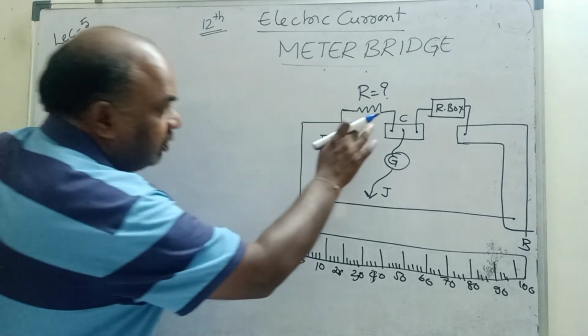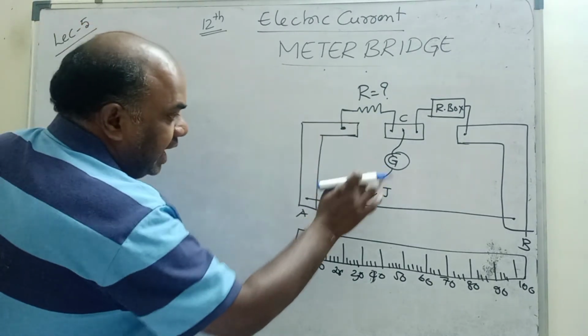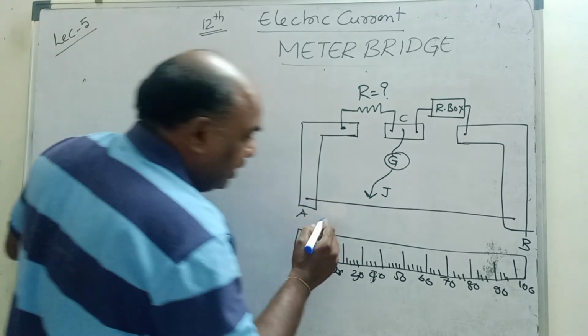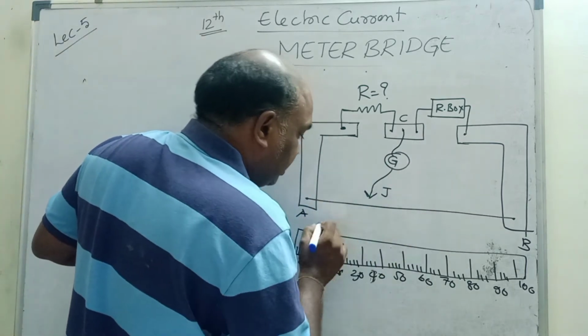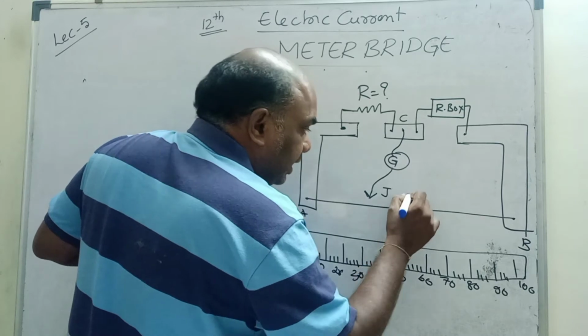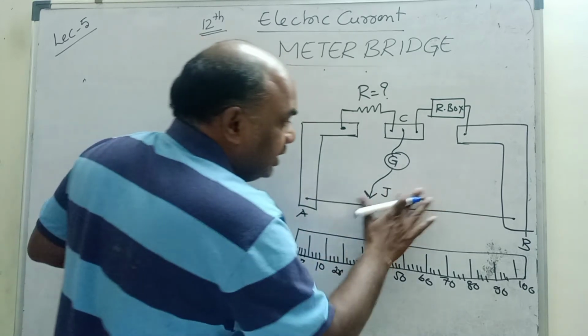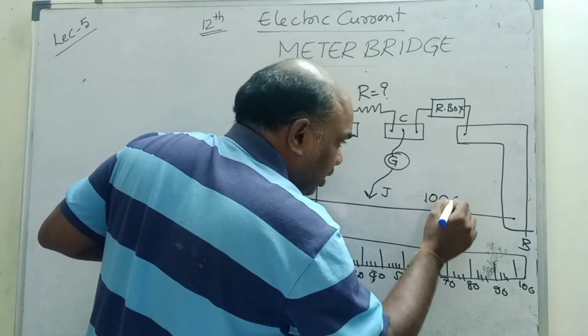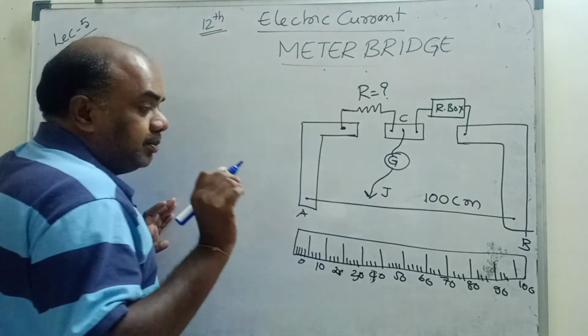Now, what am I doing? First of all, place one resistance. This is the galvanometer, and this is 100 centimeter. Initially the total length, let us consider, is L, which is 100 centimeter, 1 meter. Observe carefully, children.